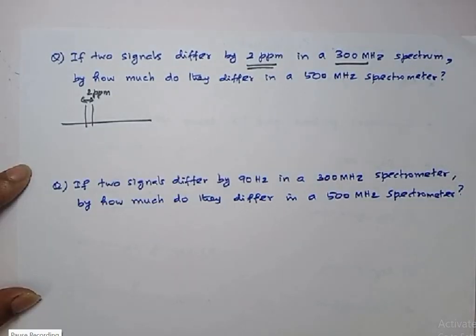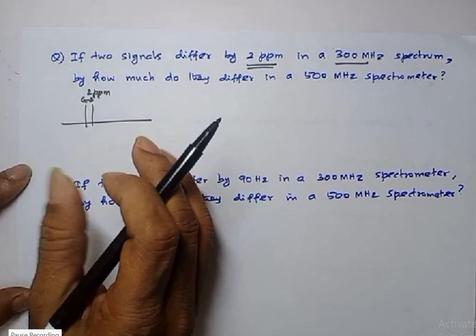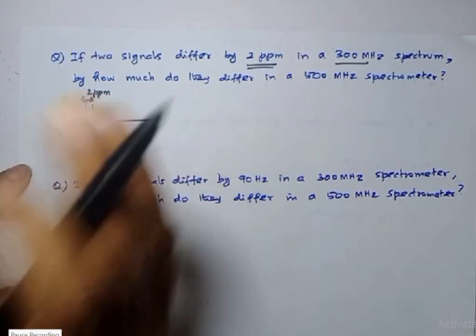The gap between the two signals remains 2 ppm only. It does not change. But the frequency will change. The frequency between the two signals will change, but the ppm value remains the same.